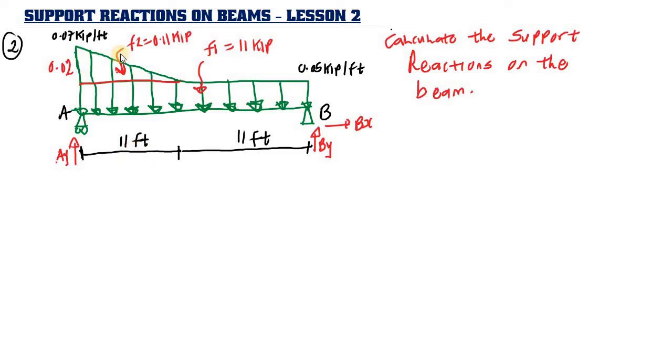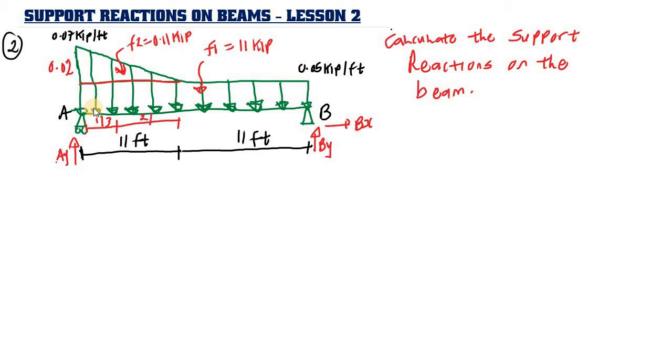Now you need to know that the distance from F2 to the left of the triangle is going to be 1/3 of the length. So this is 1/3. While from the force F2 to the right of the triangle, this is going to be 2/3.